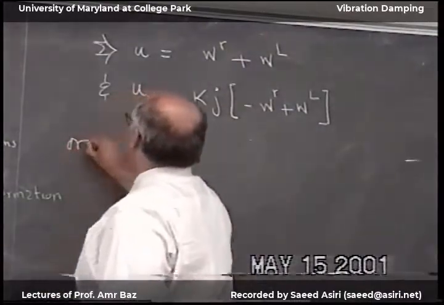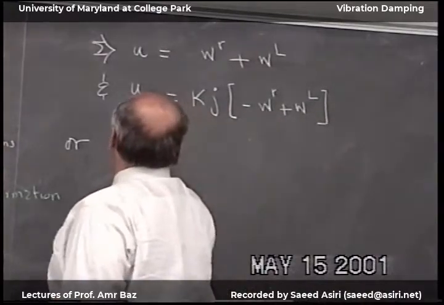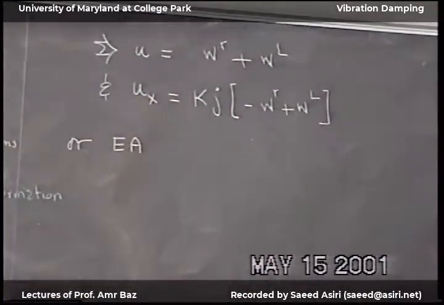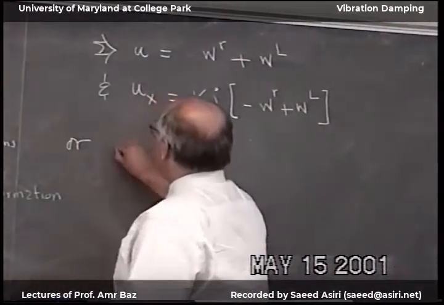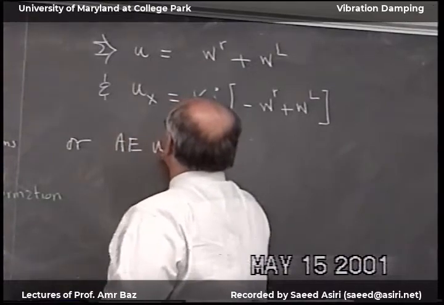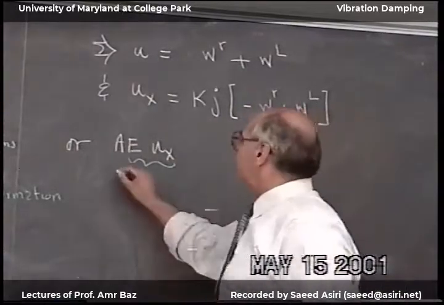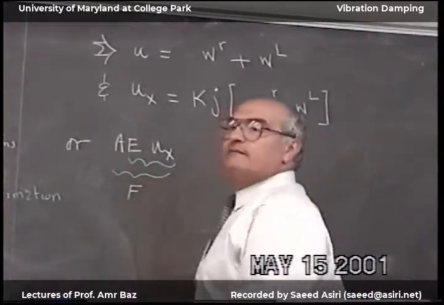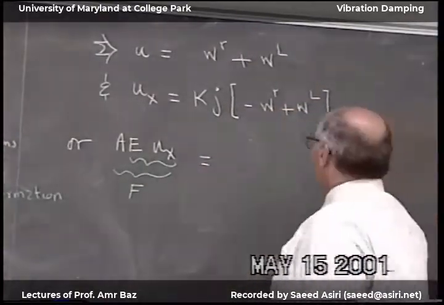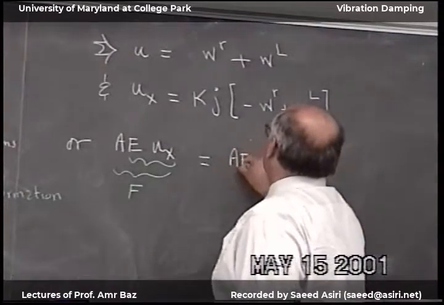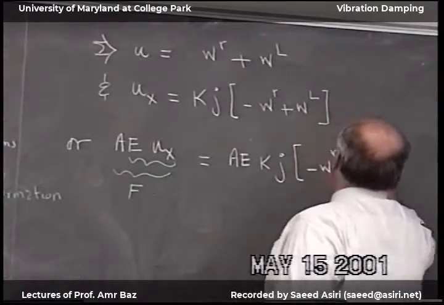Or, if I take this equation and multiply it by E, multiplied by AE, then this term is stress, and this term is the force, and this will equal to AE KJ minus WR plus WL.